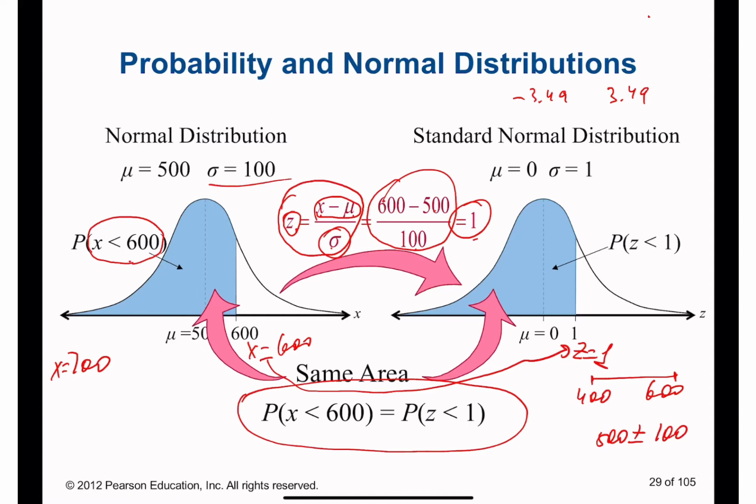We find the z-score, then we go find the probability, and that gives us the answer: what's the chance for success? Let's assume I calculated for 700 breads, so x equals 700, and it came out about 52-55%.